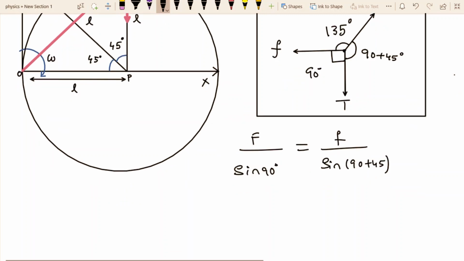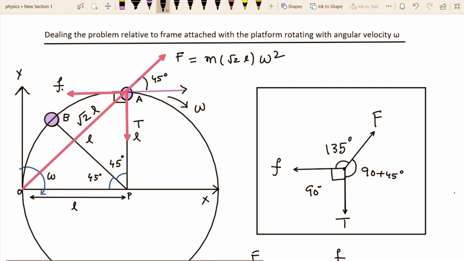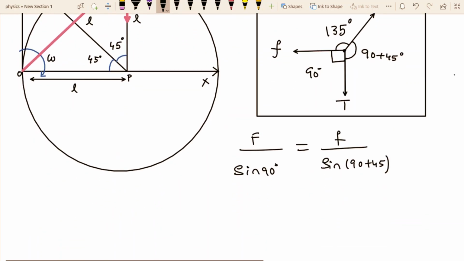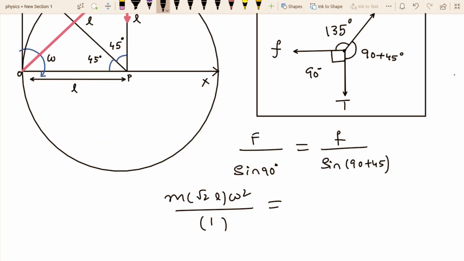So sine 90 value is 1, and the centrifugal force we have already computed, that is m into square root 2 L into omega square. So m into square root 2 into L into omega square divided by 1 is equal to the frictional force, which is mu into N, that is mu mg, divided by sine of 90 plus 45, which is cos 45, that is 1 by root 2.